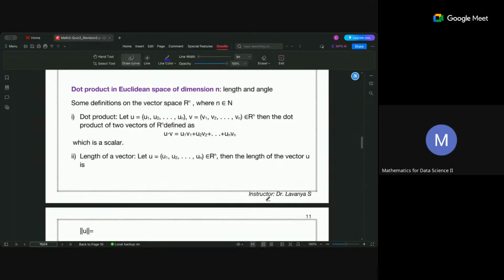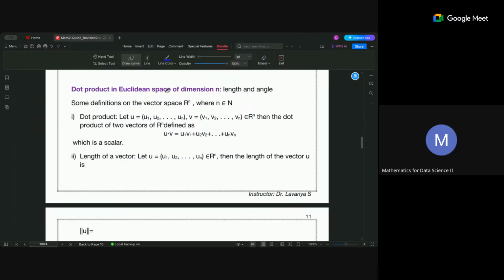So the next concept is dot product in Euclidean spaces. So far, we have seen how one vector is transformed, how we are adding two vectors, how we are doing scalar multiplication, how we are extending or shrinking a vector, and how one vector is transformed to another vector. Next, the important thing we should know is the distance between two vectors, the angle between two vectors, and the length of a vector.